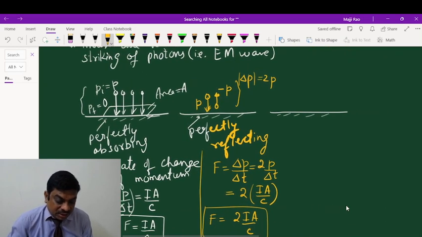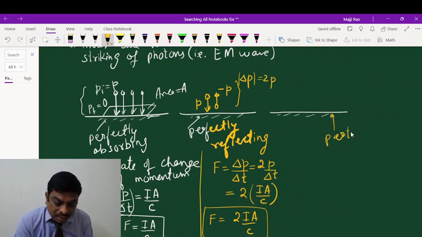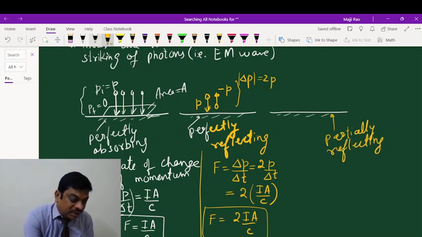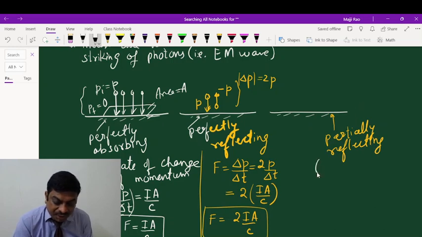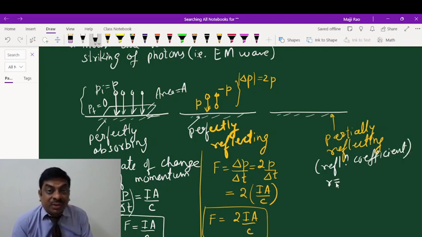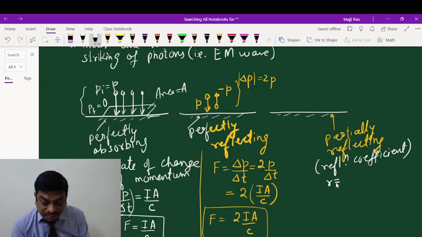Then let us take a situation in which it is partially reflecting. In case it is partially reflecting, we should know the reflection coefficient. So students, reflection coefficient means the fraction of light reflected.